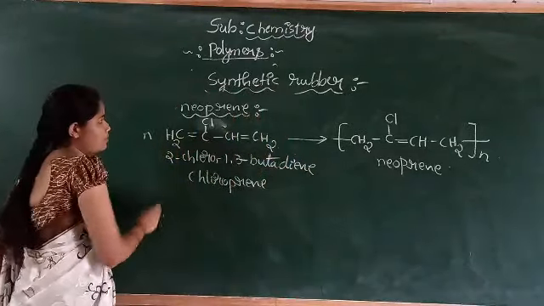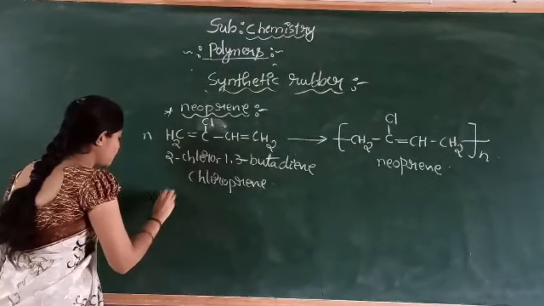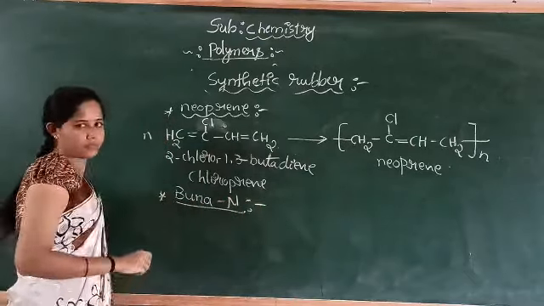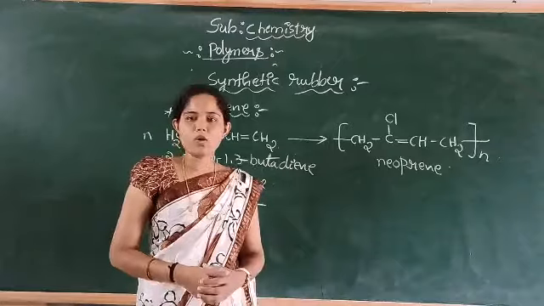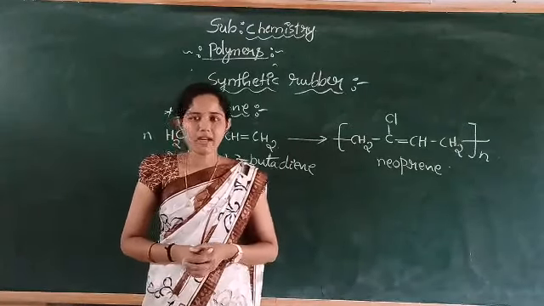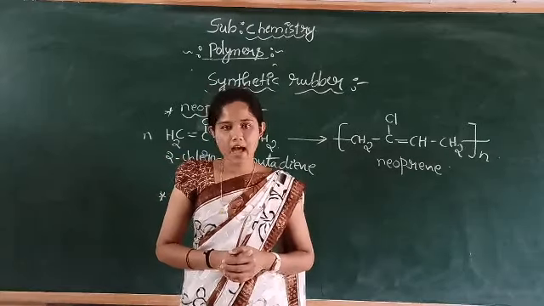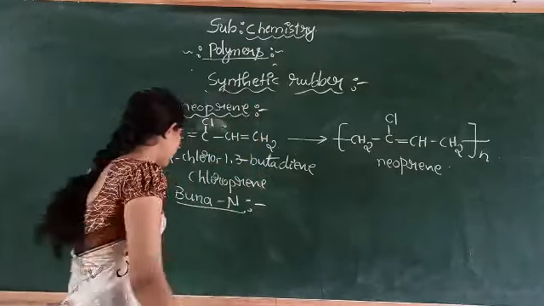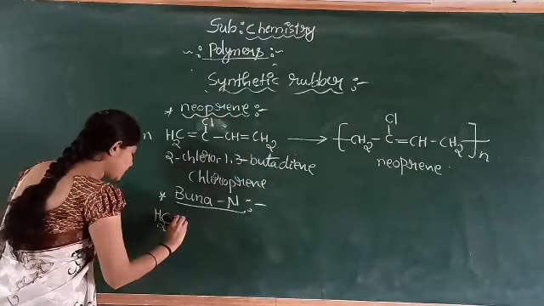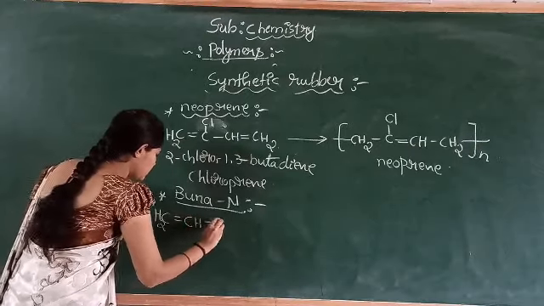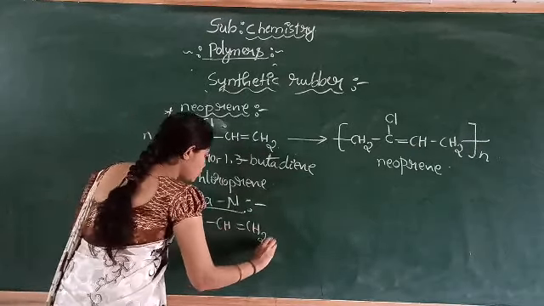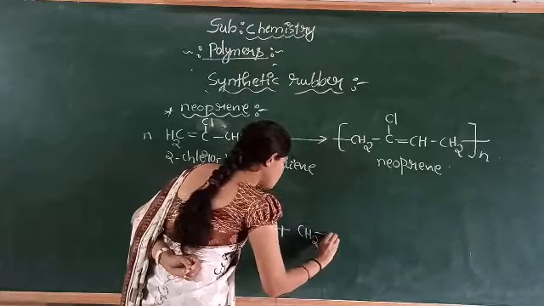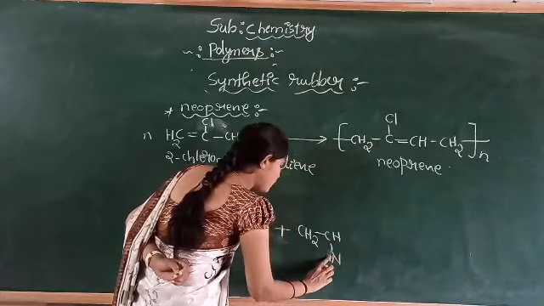Next, an example for synthetic rubber is Buna-N. This Buna-N is a copolymer of 1,3-butadiene and acrylonitrile. We know the structure of 1,3-butadiene, CH2=CH-CH=CH2, which upon treating with CH2=CHCN, that is acrylonitrile, this is CN.